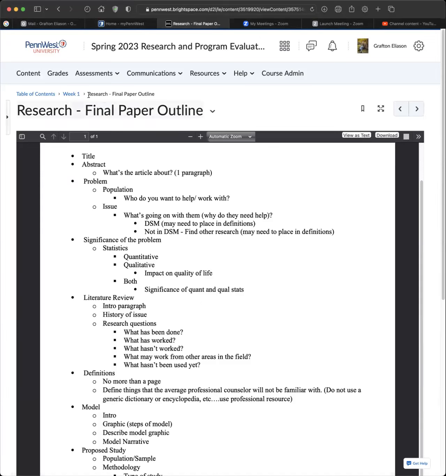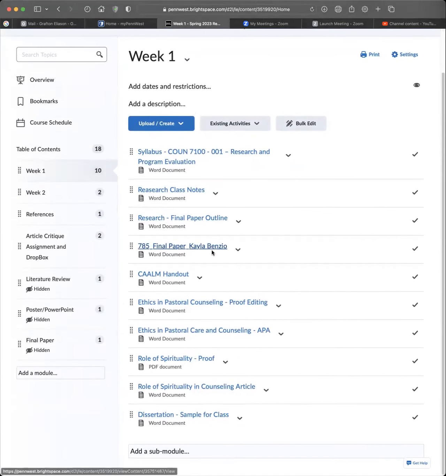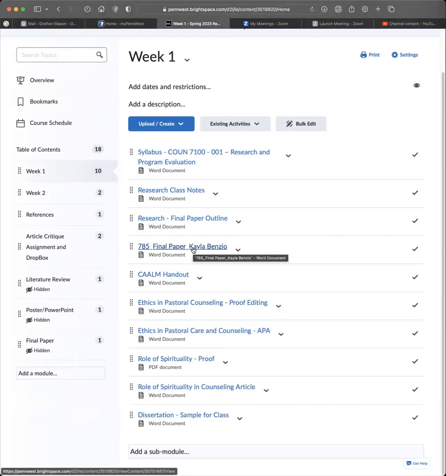Okay, let's look at one more thing. We'll go to content. And Kayla Benzio is the student who allowed us to use her paper as a sample. So she also has a handout. We're going to look at that when we go over models and steps to the treatment plan.